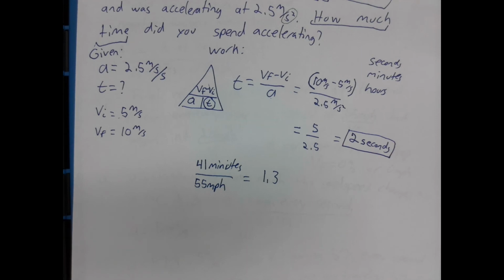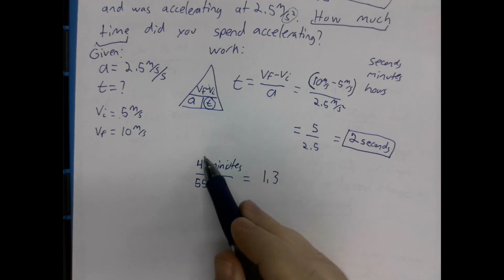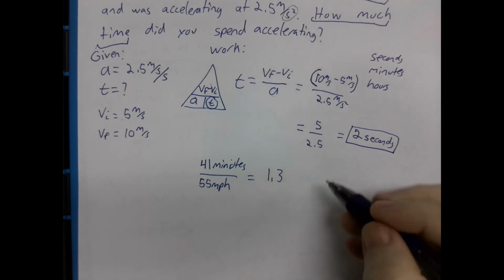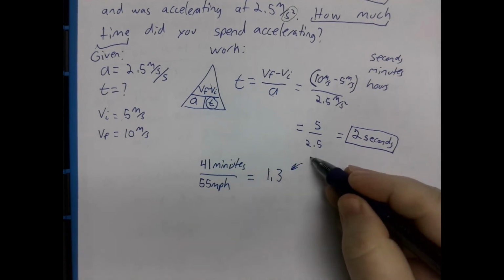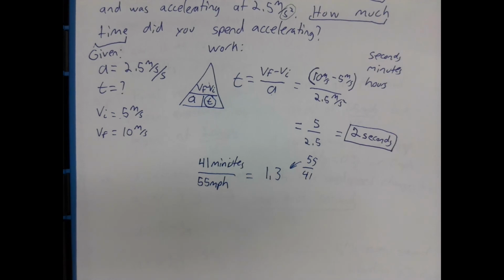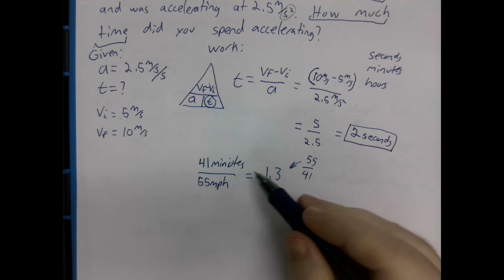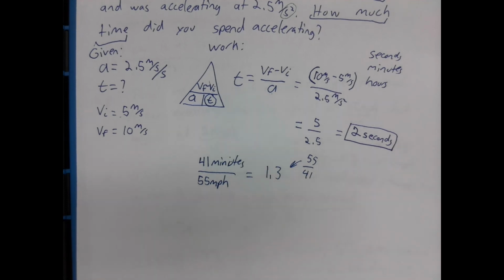Is that correct? 41 divided by 55, is that less than 1 or greater than 1? This number should be smaller than 1. What they typed in the calculator was 55 divided by 41. Again, you need to look back at your answer and see if you did it correctly. Think about it a little bit.